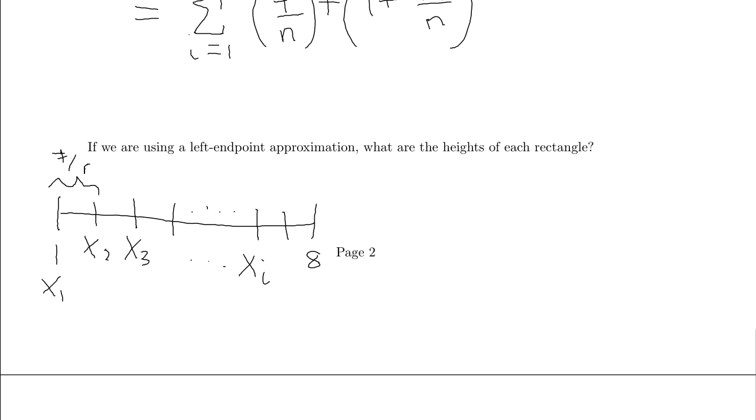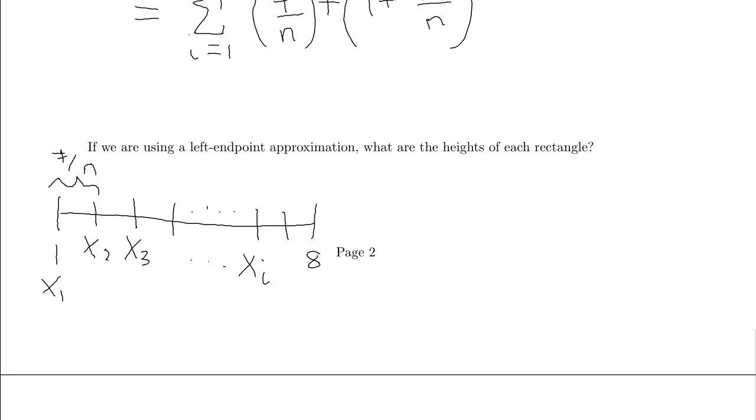Let's think about what it takes to get to x2. x2 is going to be 1 plus 1 times 7 over n. x3 is going to be 1 plus 2 7 over n's because it's 2 tick marks away. x4 would be 1 plus 3 times 7 over n. So if I'm at x4, I go 3 tick marks. If I'm at x2, I go 1 tick mark. So if I'm at xi, I'm going to go i minus 1 tick marks away.